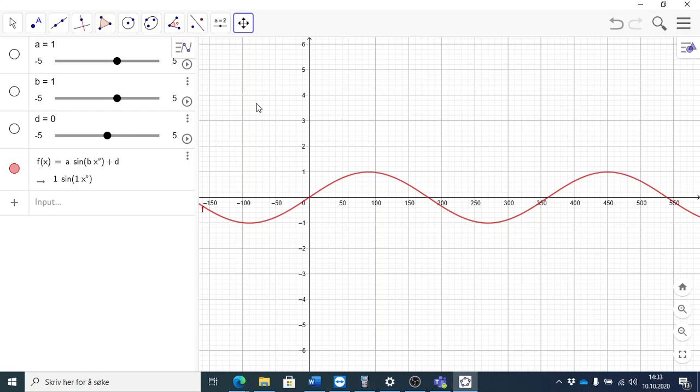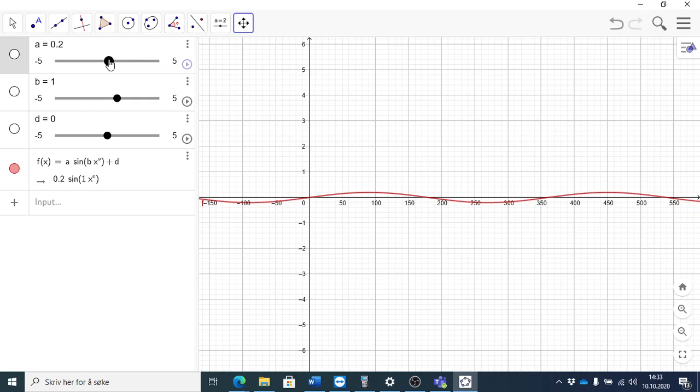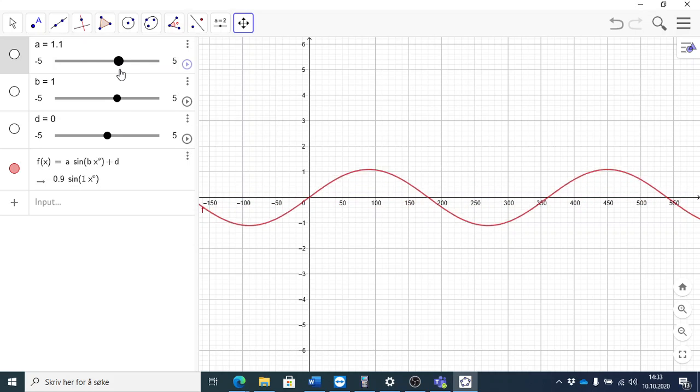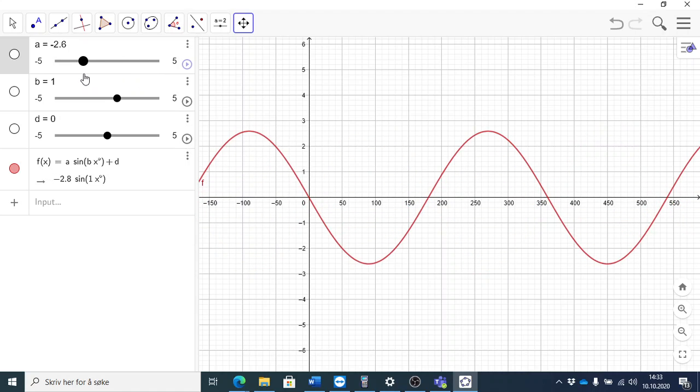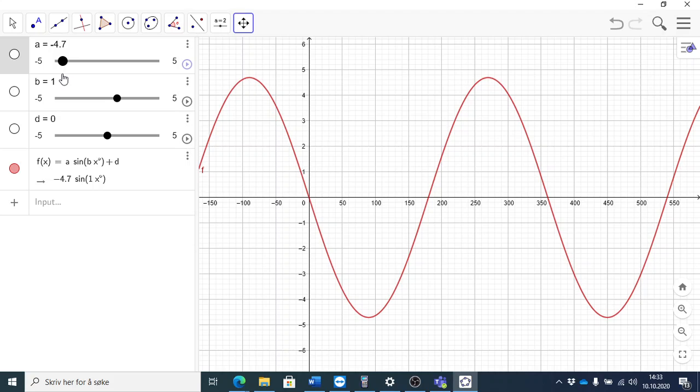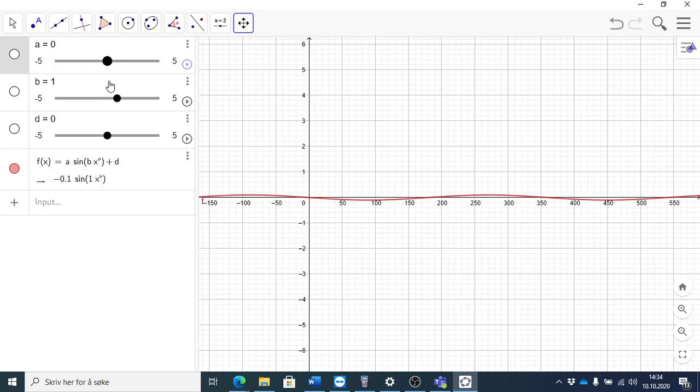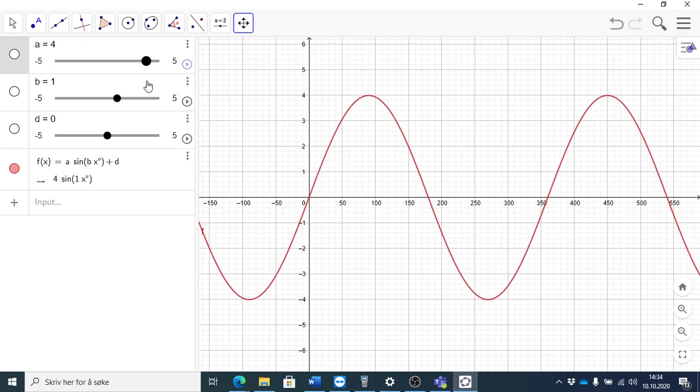Now, what happens if I change the a parameter of the function? Well, I could change it to 0. And you can see, okay, that gives us a straight line. But the a parameter changes the amplitude of the function. So if I go below 0, it increases. If I go above 0, the amplitude also increases.